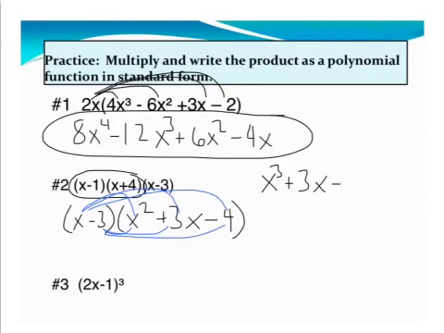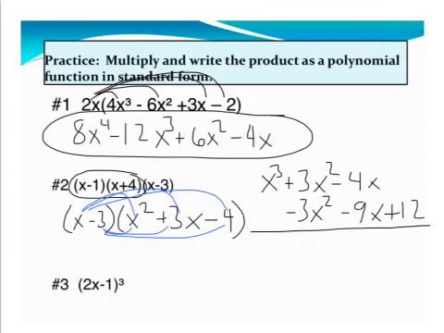And x times negative 4 gives me negative 4x. Now for the negative 3, I get negative 3x squared. And what I'm going to do is I'm going to put that underneath the x squared here. So I'm basically putting all my like terms, organizing it nicely. Negative 3 times 3x gives me negative 9x, and negative 3 times negative 4 gives me positive 12.